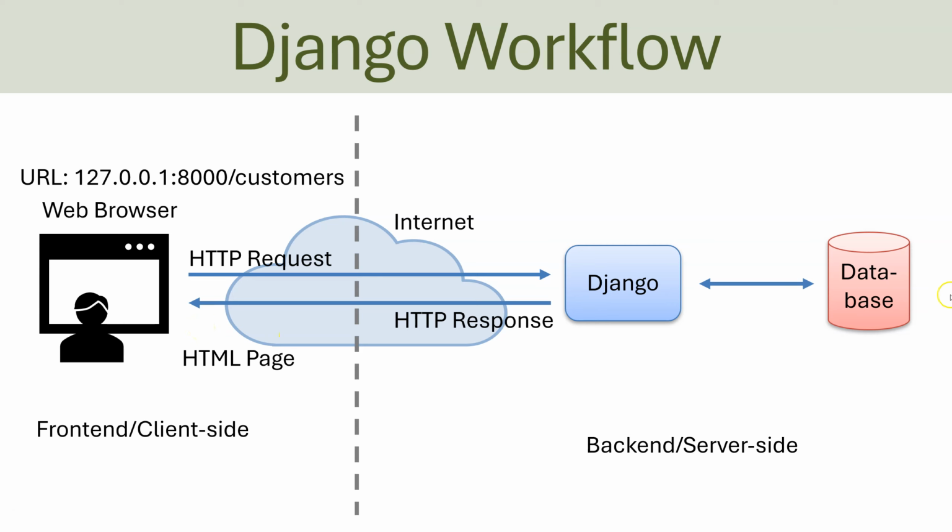So typically you use Django on the backend or the server side, and then you have the client side where you have your web browser, HTML. Here you can use CSS, JavaScript, etc.